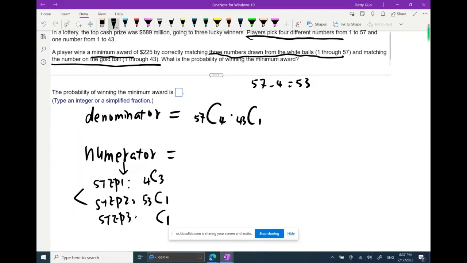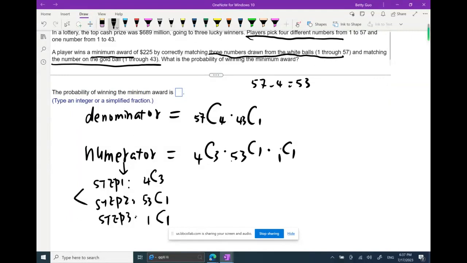You pick the exactly matching number from the gold ball, so C(1,1). So the numerator is C(4,3) times C(53,1) times C(1,1), matching the number on the gold ball, 1 through 43. Let me know, am I clear?